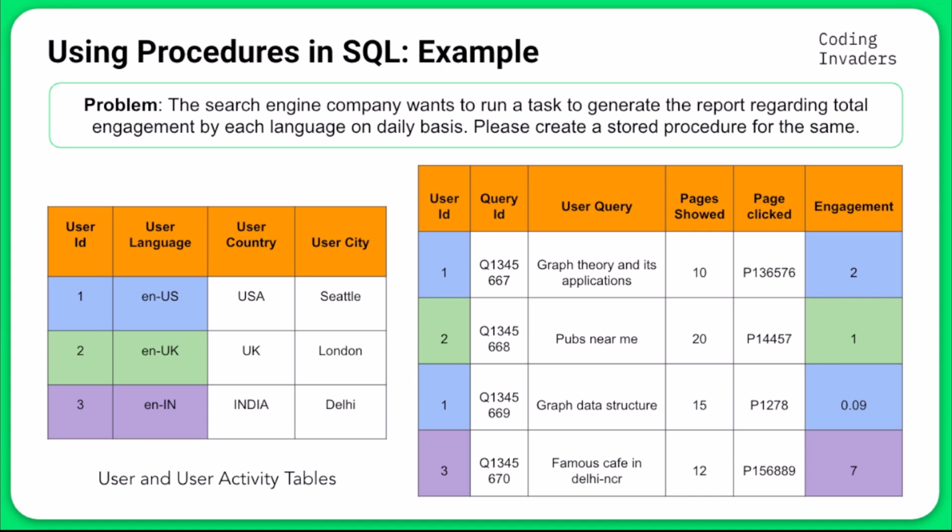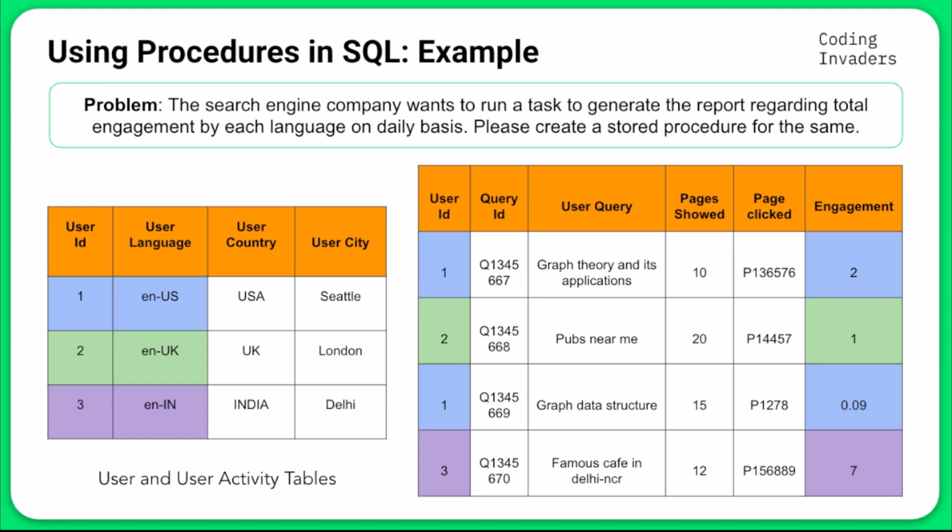If we write a SQL query, it will run for the current table. So when the tables get updated, we have to manually update our SQL query. Instead of that, we can put our SQL query inside a procedure, and the procedure keeps on updating on a daily basis when the user and user activity tables get updated.